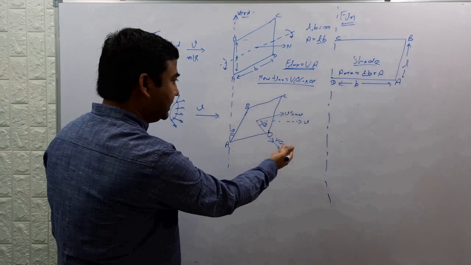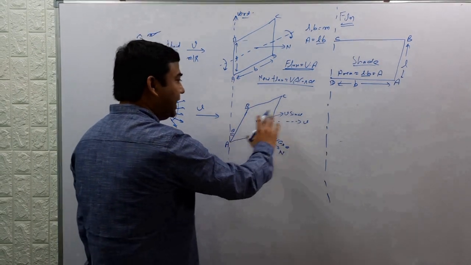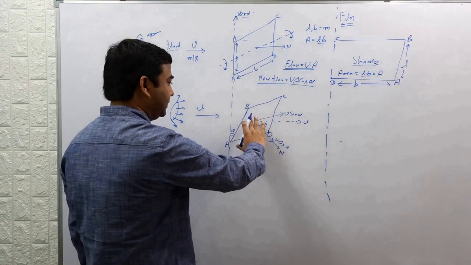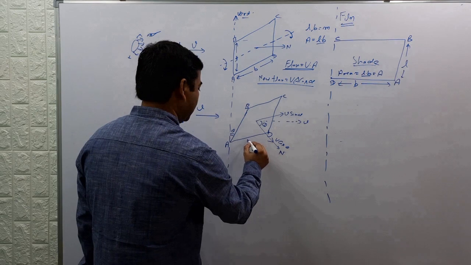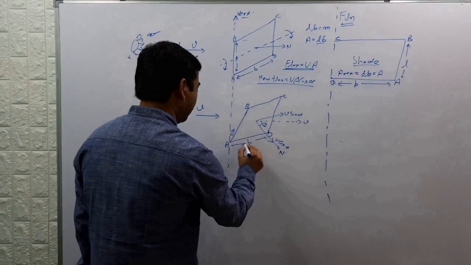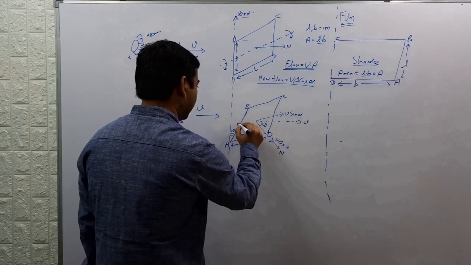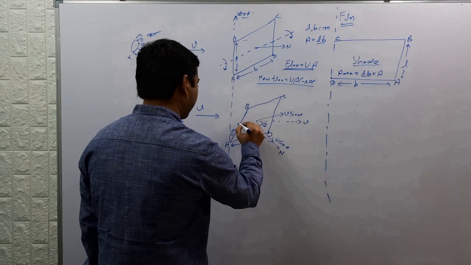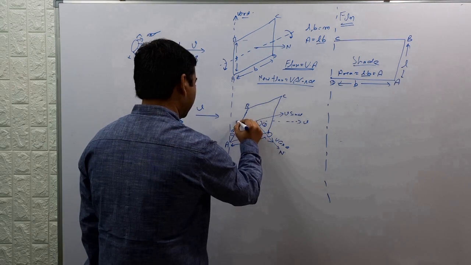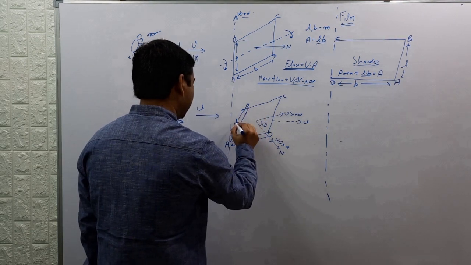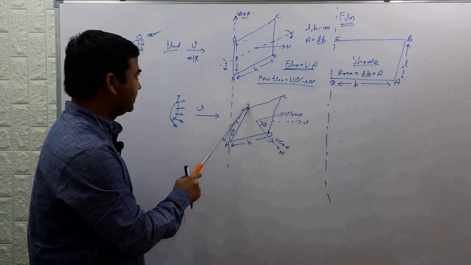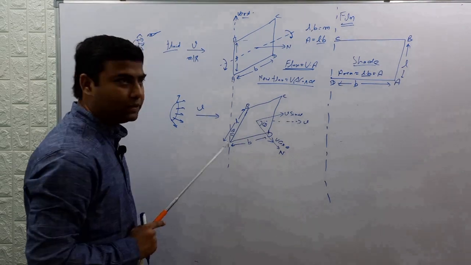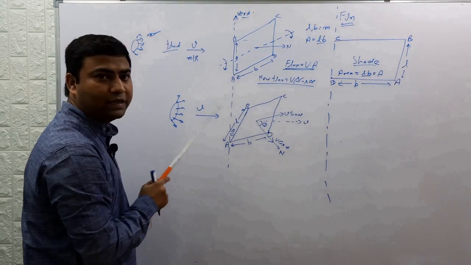So the shade of this area will have different dimensions from the original rectangle. Its width is B and length is L. AB is L and AD is B. That is the same rectangle we have tilted.